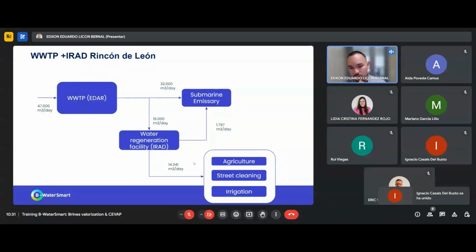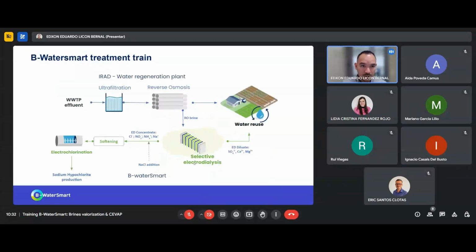So this brine, as you know, may have some potential benefits because it contains salts that could be interesting if transformed in a proper way. So in this scenario is where B-WaterSmart came up with a proposal of regenerating the RO brine that is disposed currently and transforming it into water on one side and sodium hypochlorite on the other.